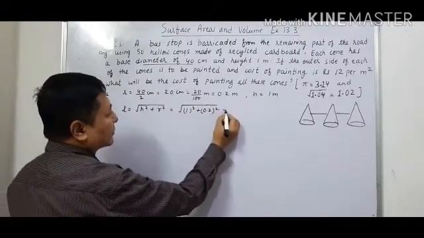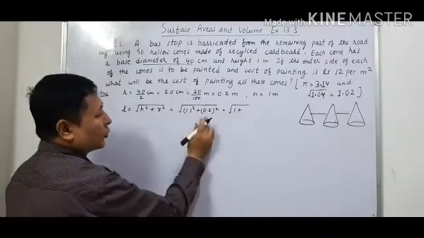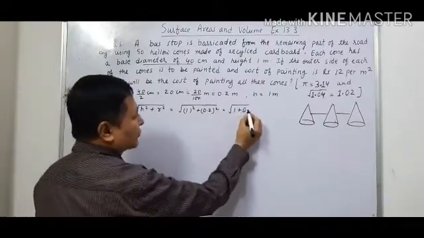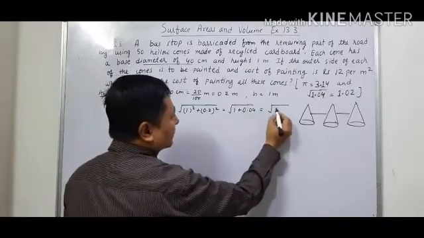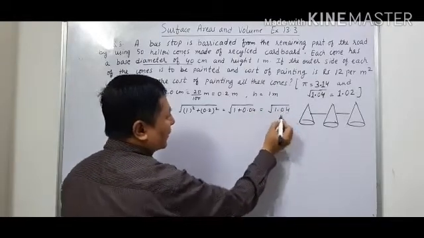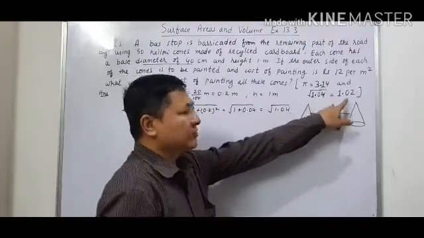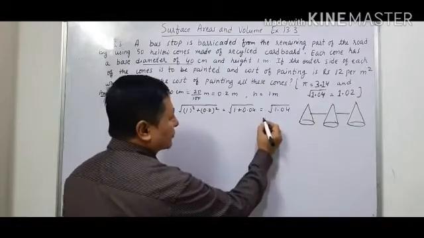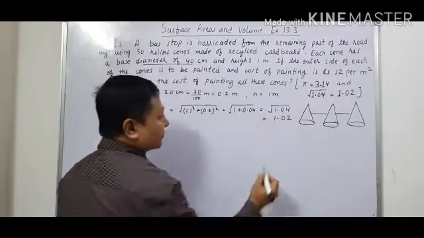The square of 1 is 1 and the square of 0.2 is 0.04. When we add this, we get 1.04, and in the question it is given that the square root of 1.04 is 1.02. So slant height will be equal to 1.02.